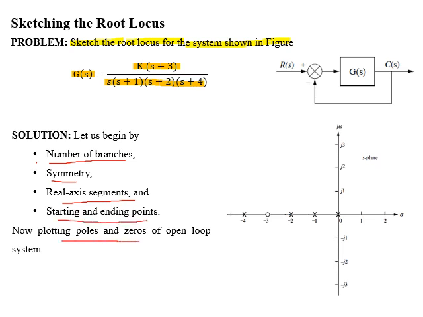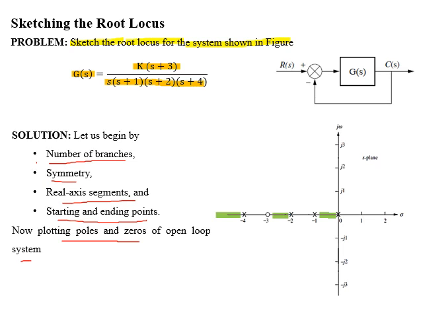Now for the real axis, we know that root locus exists to the left of an odd number of poles and zeros. So root locus here will exist between the pole at origin and -1, the pole at -2 and a zero at -3, and onwards or to the left of the pole at -4. These segments define the region where poles will move when gain K is varied.